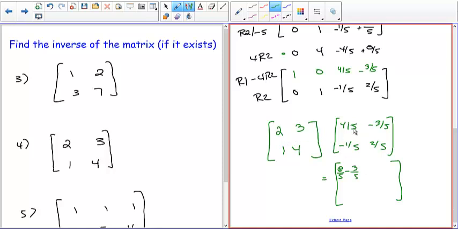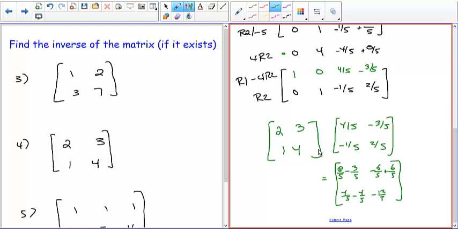Then for this one I take first row times second column. So I've got 2 times negative 3, so that's negative 6/5. And then I have 3 times 2, which is positive 6/5. For here I take the first row times the first column. So I've got 4/5, 1 times 4/5 is 4/5, and 4 times negative 1/5 is negative 4/5. And then I have negative 12/5. So 3 times 4 is 12.